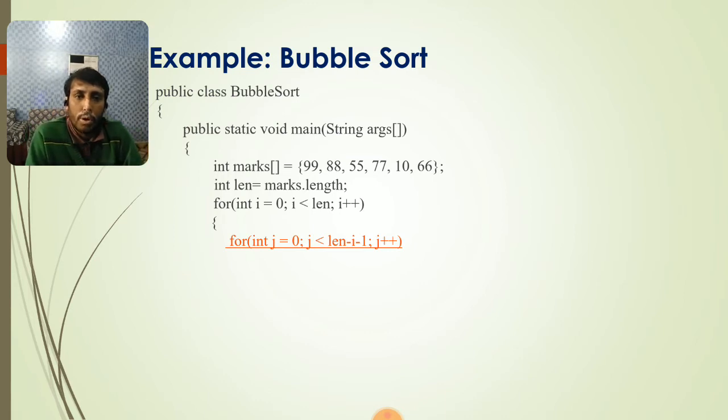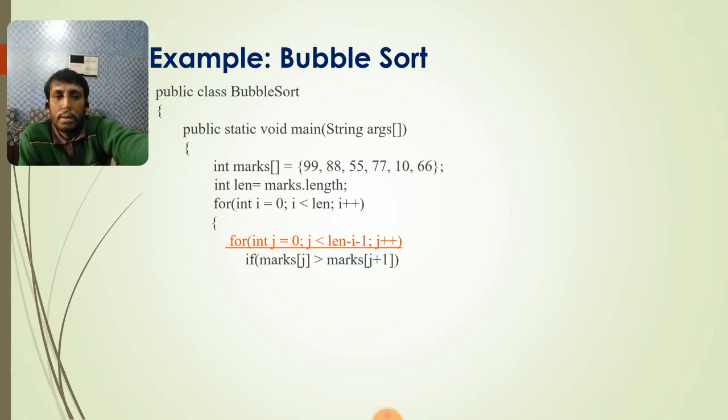This inner loop is j, starting from 0, and it is running till length minus i minus 1. So the position will be taken from the top, and then j plus plus. Now marks j is greater than marks j plus 1.